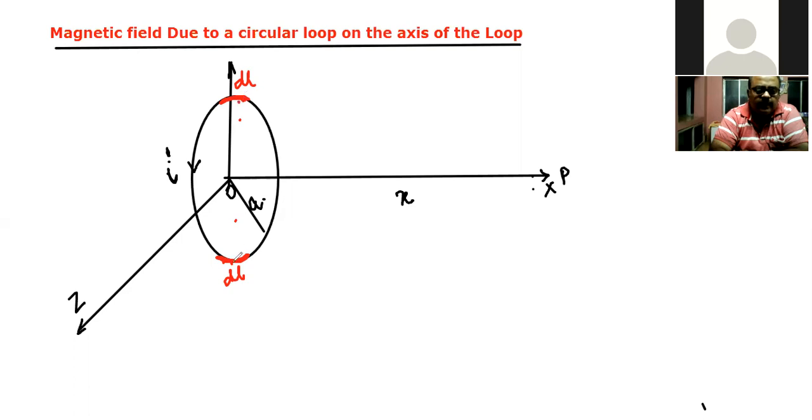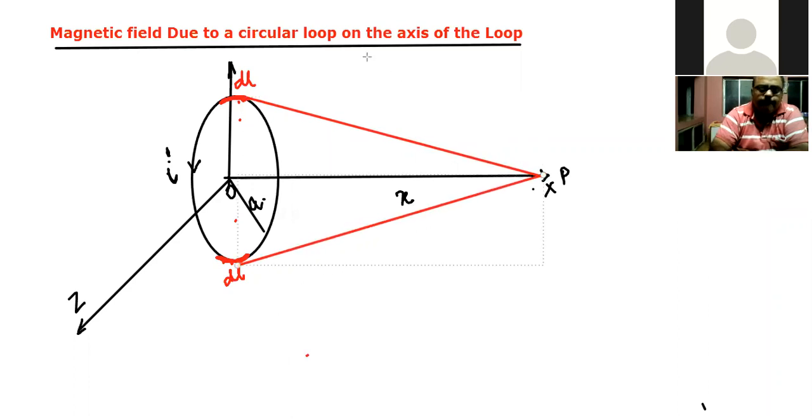You can see this is dl and this other is also dl. If I join it like this, this will be at a distance of r. Now this r will be what? Because this is a, obviously r will be equal to root over of a square plus x square.